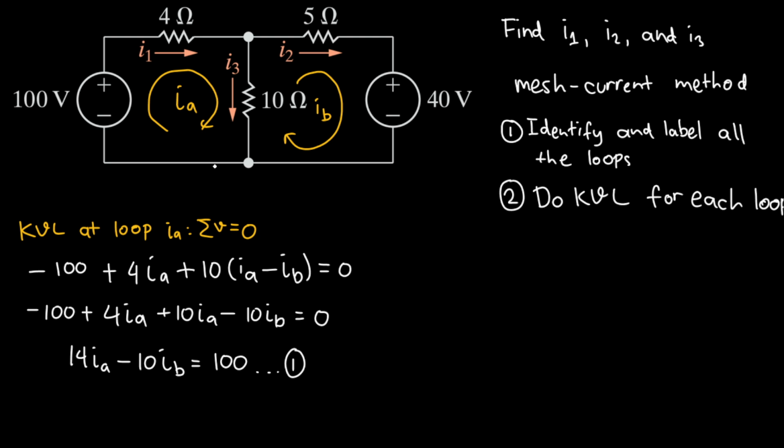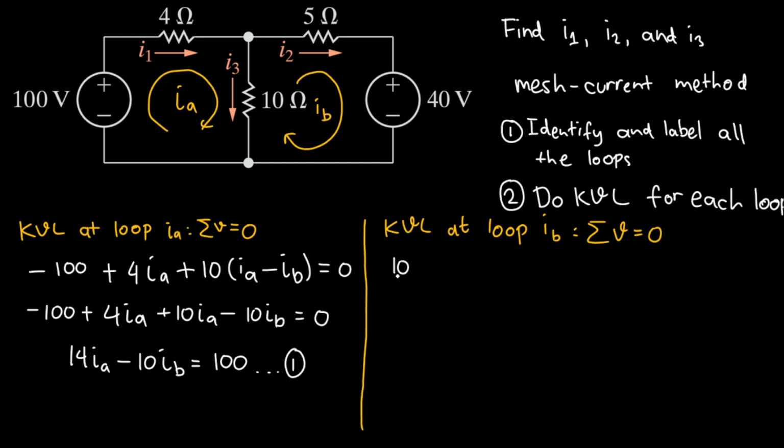Good. Now let's do another KVL. We'll have to do another KVL, but this time at loop IB. Okay, KVL says that the sum of the voltages in a loop will equal 0. Let's start from that 10 ohm resistor. 10 ohm.